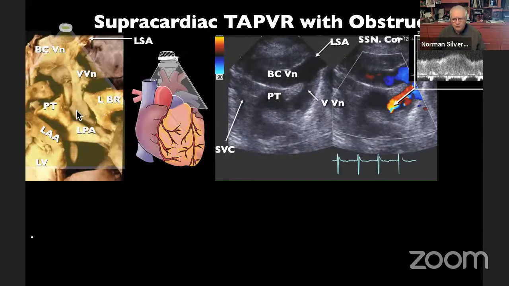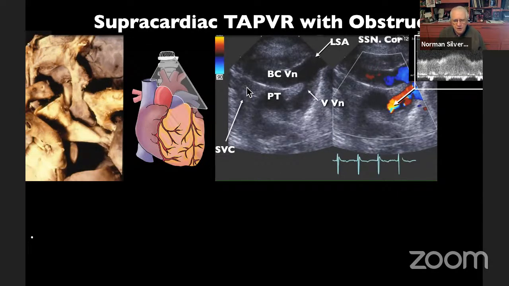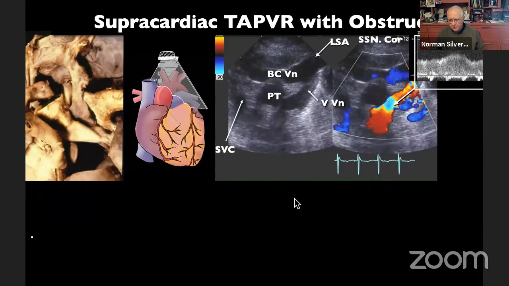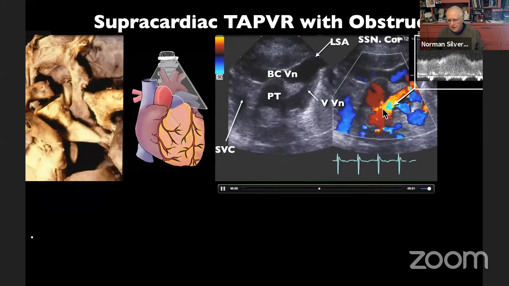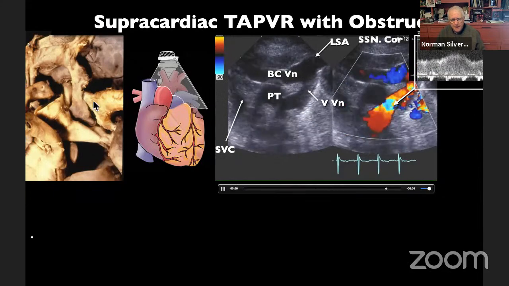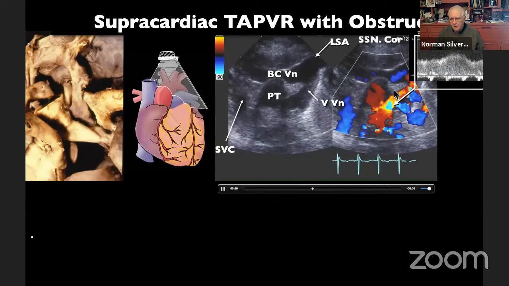And of course, at this point there's going to be a degree of change in velocity. And here on the echo, you'll see the same feature as we're looking at the vertical vein and the brachiocephalic vein, with the origin of the left subclavian vein coming in there.